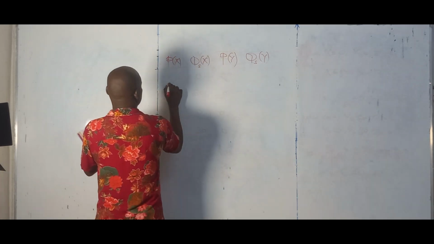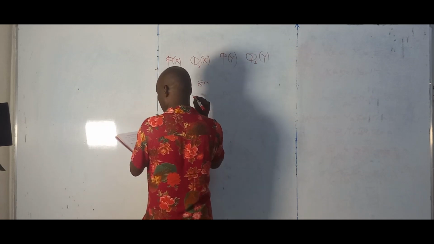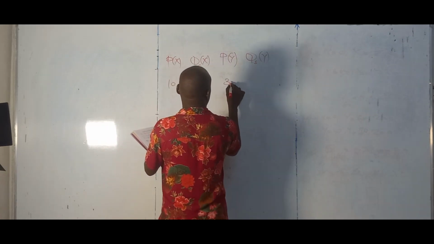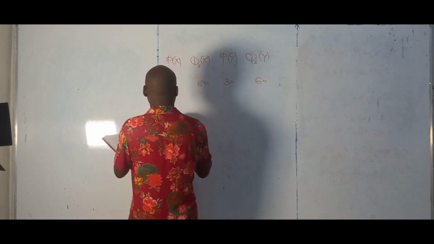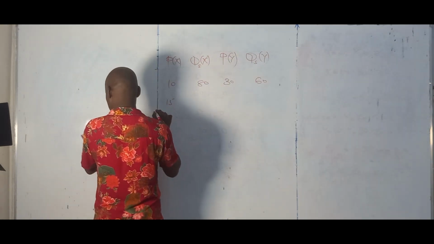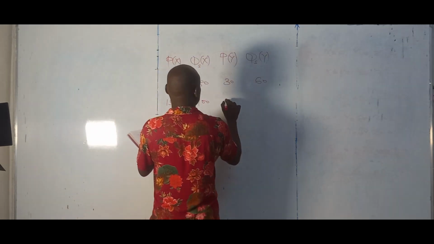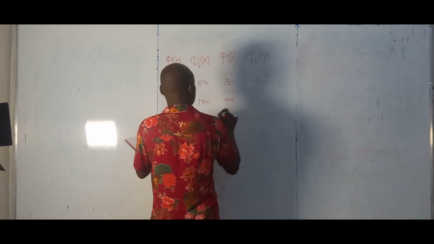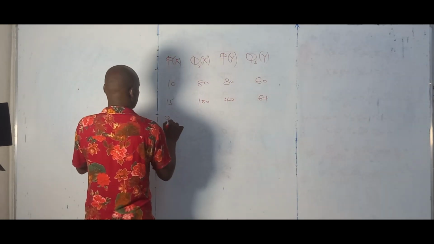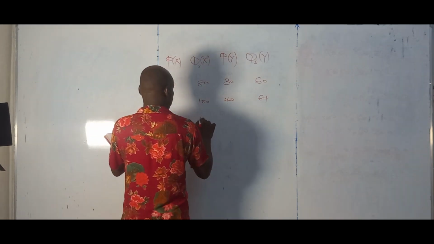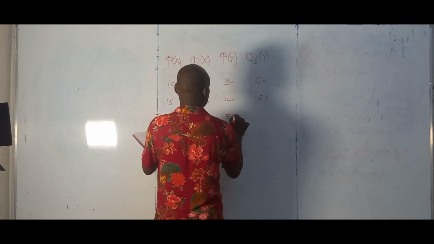And so I have 10, 80, 30, 60. I have 15, 100, 40, 64. Then I have 20, 110, 50, 80.